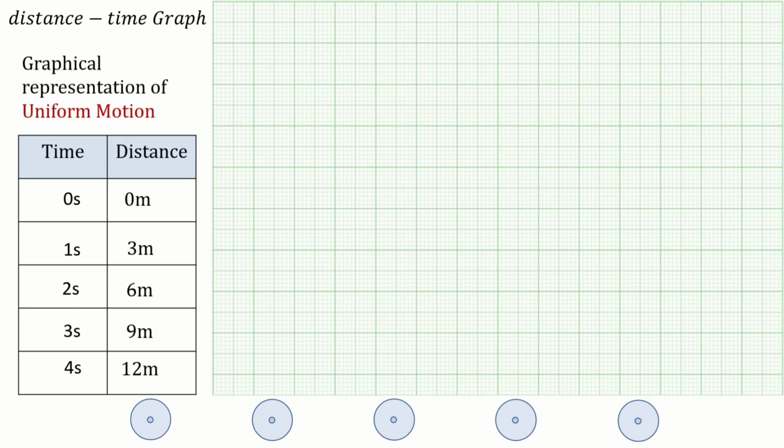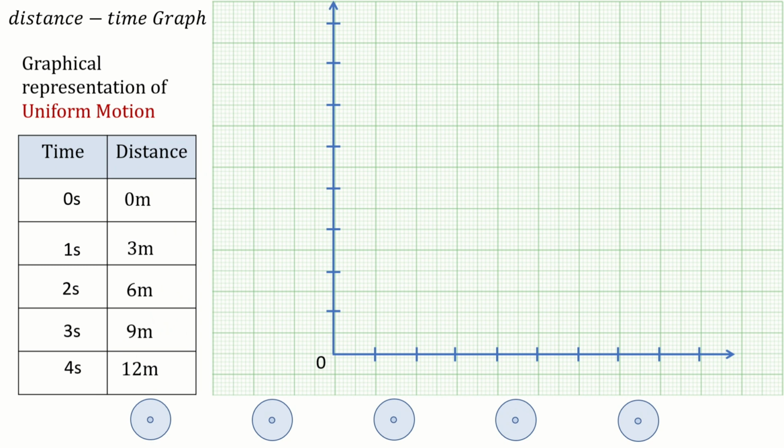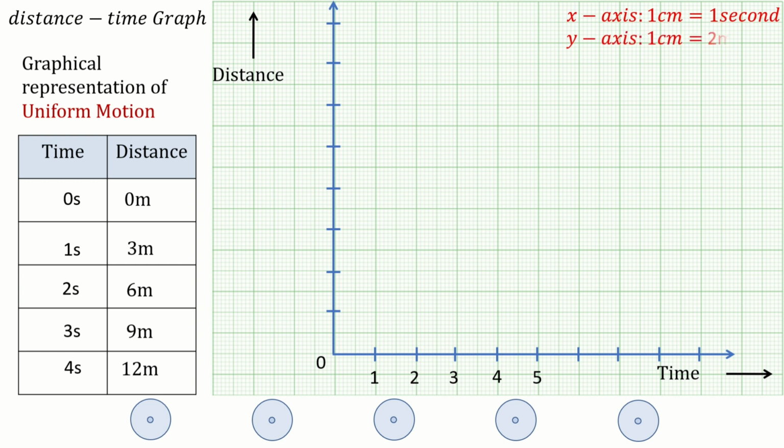Now let us find the distance time graph of uniform motion. First, let us get a Cartesian plane, where the x-axis is represented by time and the y-axis is represented by distance.